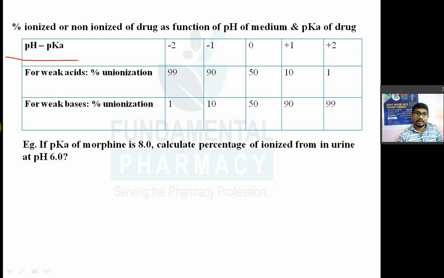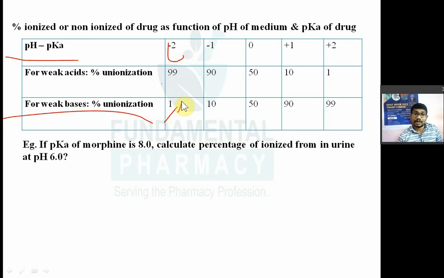If pH minus pK for weakly basic drug comes -1, means 10% drug is unionized and 90% drug is ionized. Now if pH minus pK comes 0, that means 50% ionized, 50% unionized. इसके ऊपर क्वेश्चन आ चुका है.